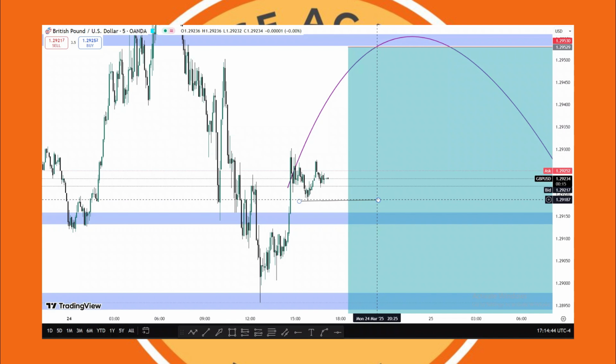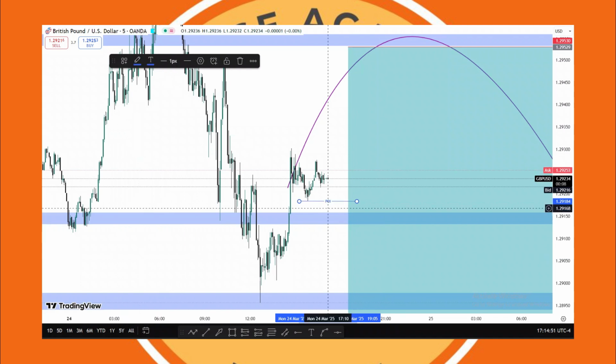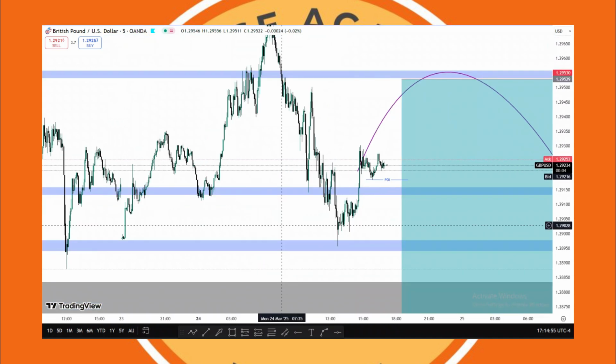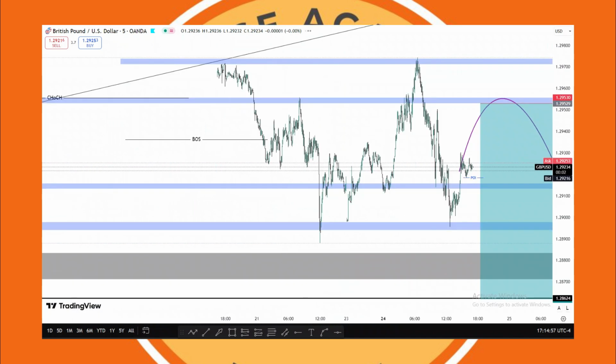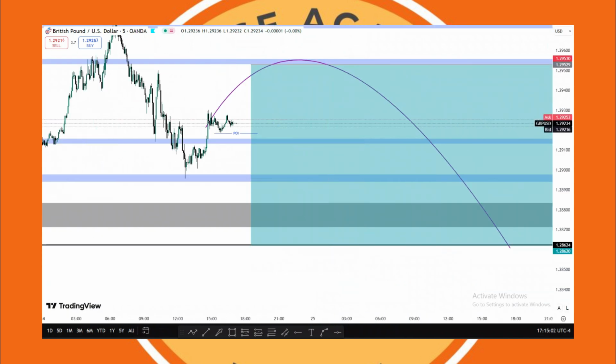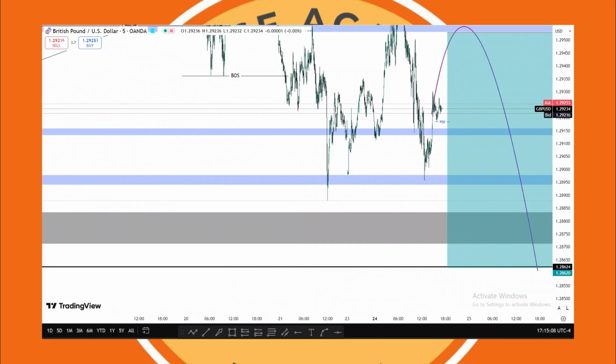But as soon as the market breaks this, now this is going to be my point of interest. As soon as the market breaks below this, I'm just going to take the sells immediately, and then I'm going to take profits there, which I think will take a small amount of time because these are very small pips.